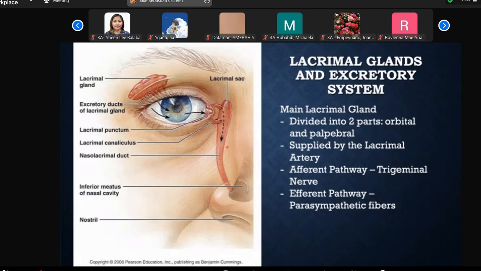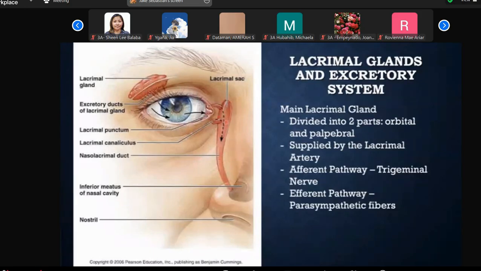Because if there's accumulation of fluid in the sac and the duct, there's a higher chance of bacterial overgrowth, which will cause dacryocystitis. The entire lacrimal sac and duct will be infected, and it can evolve into cellulitis and later meningitis. So we need to remove the buildup of fluid here by doing the reverse Crigler.